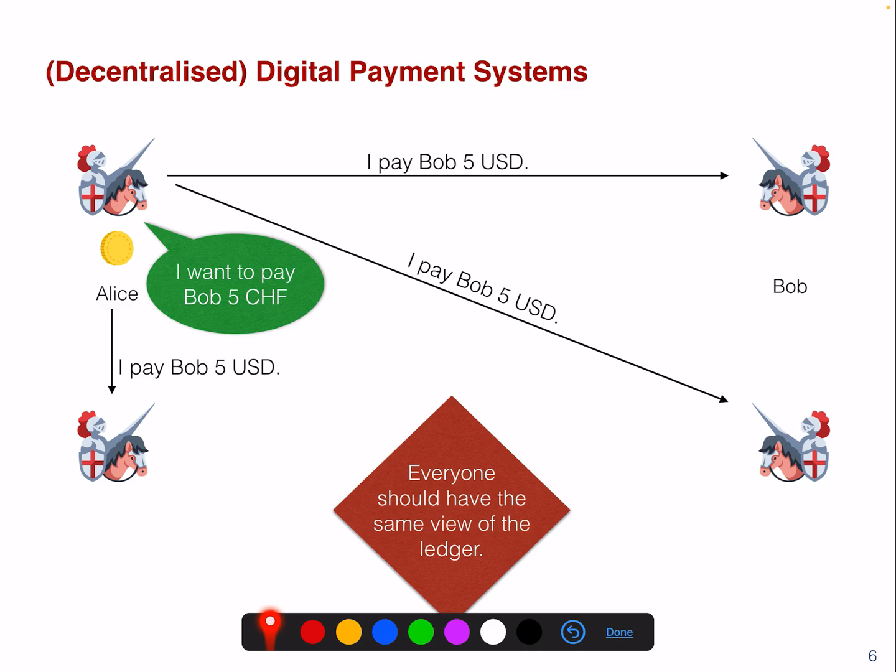She wants to send some coins to Bob, so she sends the transaction across the network towards these different peers, and the hope is that everyone should have the same final view of the ledger. If people have a different view of the ledger, then there's no consensus, and the payment system isn't really able to proceed, because we don't have any clear guidance.